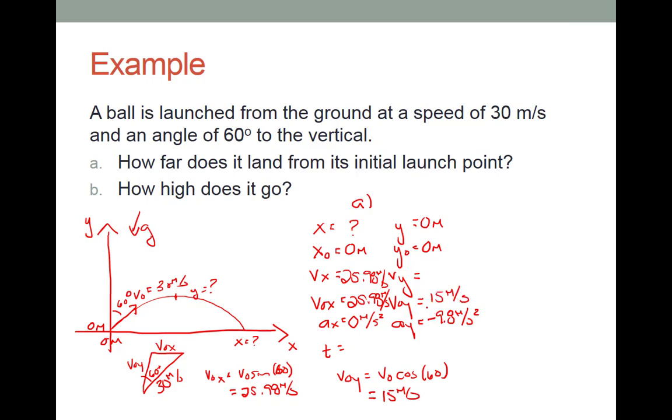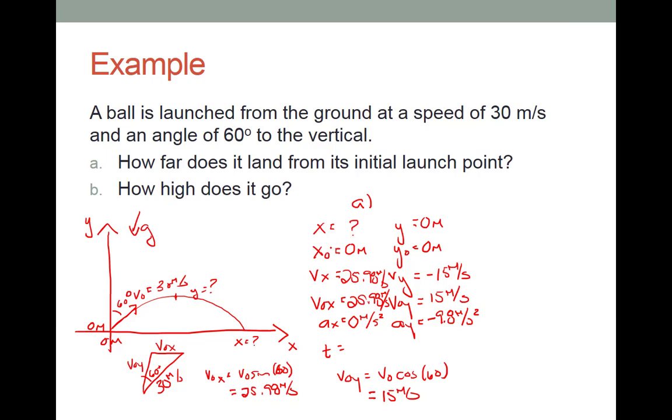Because we have symmetry, we can also fill in this. Right? When it goes up, it comes back down at the same angle, but in the opposite vertical direction. So negative 15 meters per second in this case. Okay.